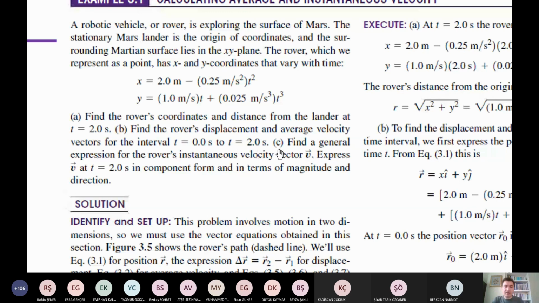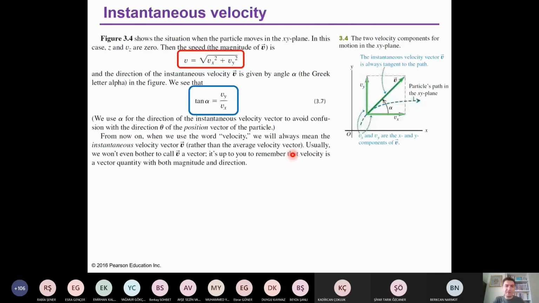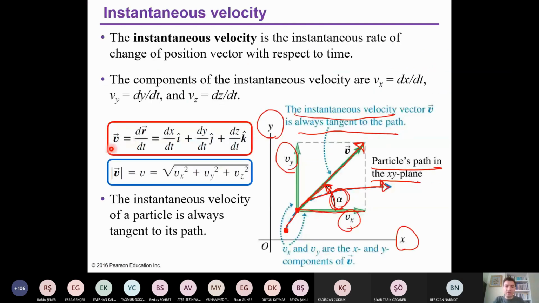So the last one is the general expression for the rover's instantaneous velocity. Go back. Instantaneous velocity is given by this expression, dr over dt, or dx over dt i plus dy over dt j, okay, with this term.